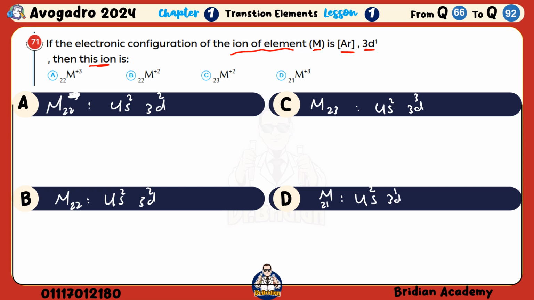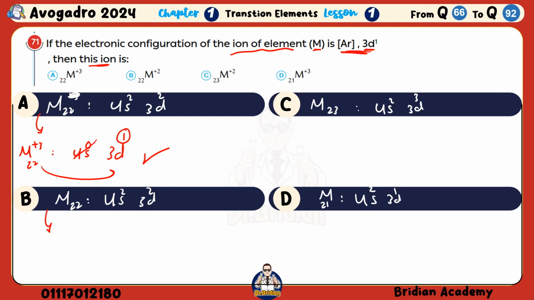He asked about oxidation state positive 3. So we will lose 2 electrons from 4s, so it will be 0, then 1 electron from 3d, so it will be 3d1. He asked about argon 18 3d1, and this is demanded in choice A. But we will complete the other choices.